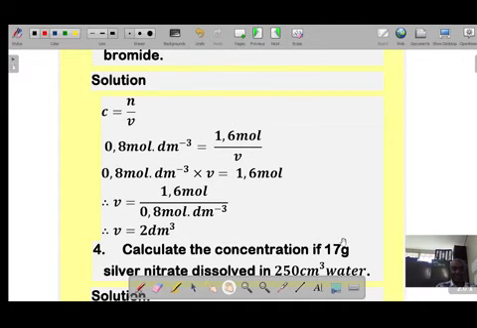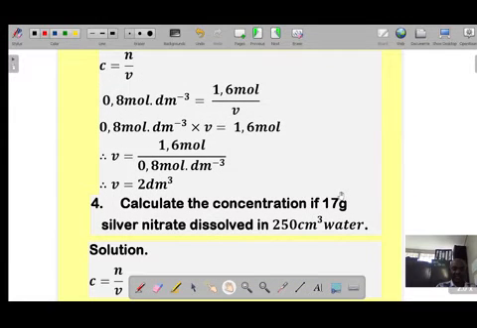Okay. Another example here, they say calculate the concentration if 17 grams of silver nitrate is dissolved in 250 cubic centimeters of water solution. Now here they gave us the mass, and they also gave us silver nitrate, so we can get the formula.